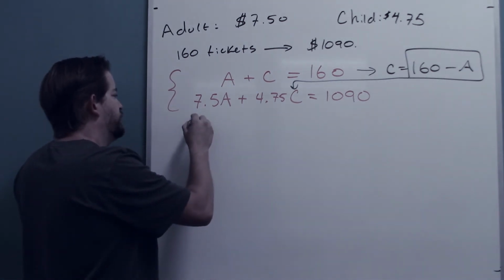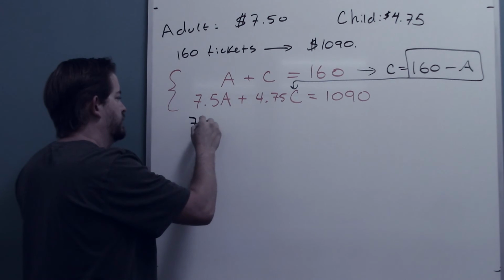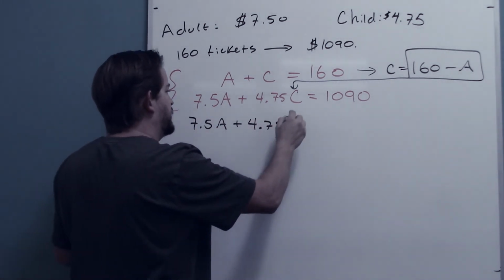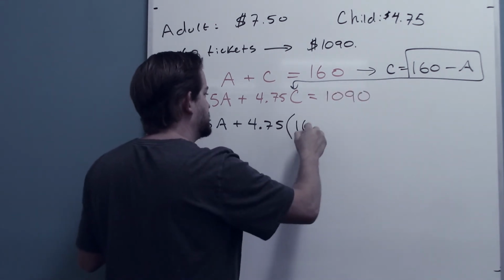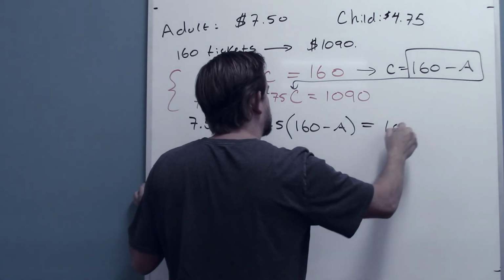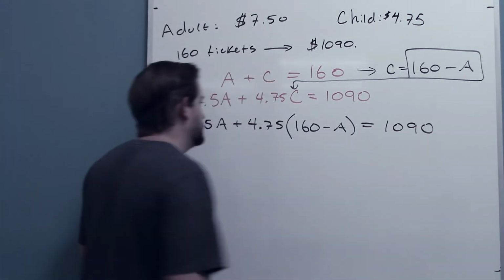That gives me 7.5A plus 4.75 multiplied by, instead of C, now it's 160 minus A. That is equal to 1,090. Right?